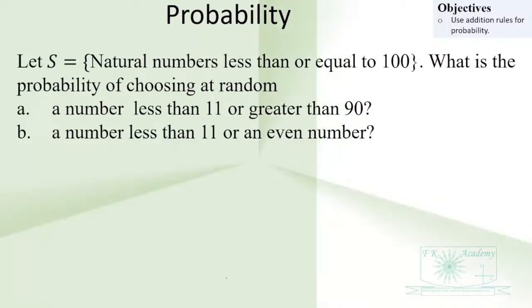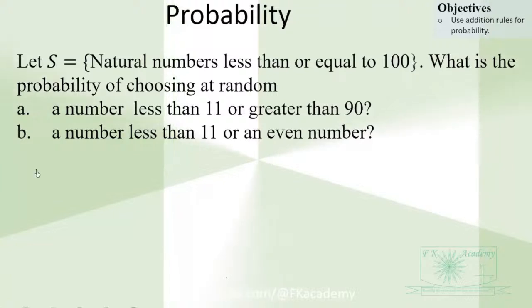Let S equal natural numbers less than or equal to 100. What is the probability of choosing at random a number less than 11 or greater than 90? So S is a set of natural numbers less than or equal to 100.